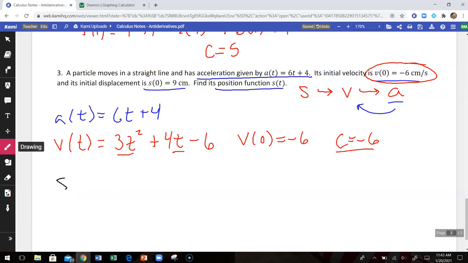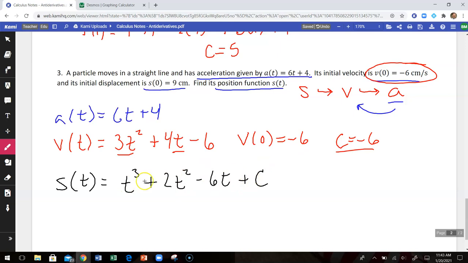Then I'm going to go backwards again to my position function. So that's going to become t cubed plus t squared. 4 divided by 2 is going to give me 2 there, minus 6t. And then I'm going to say plus c again. Now this is a different c, but I don't have to worry about subscripting that because I don't have my old c anymore.